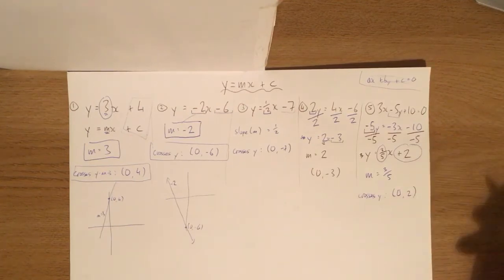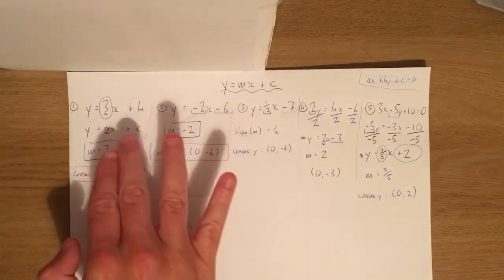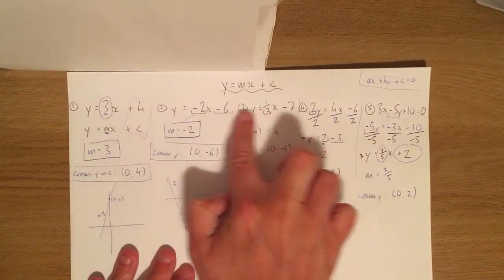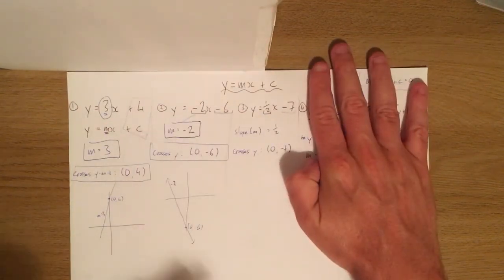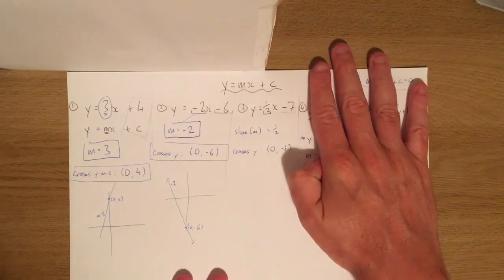All right. So y equals mx plus c is used when you are given the equation of a line and you need to get either the slope or where it crosses the y-axis. Okay, I would say slope is the more common one you'd be asked to get. If it looks like one of the first 3 examples already, then it's quite straightforward.